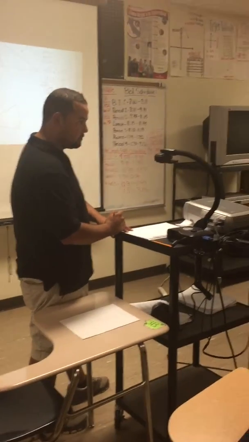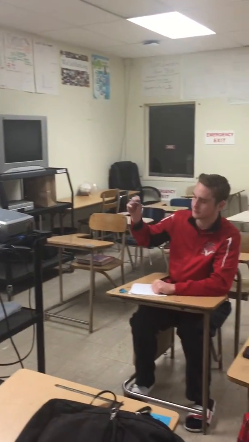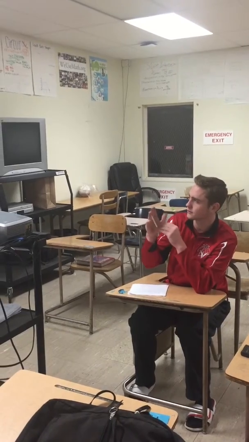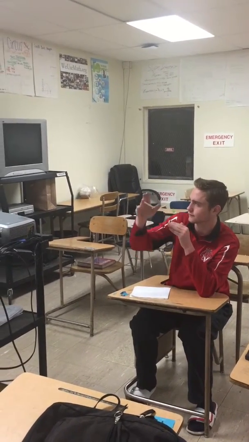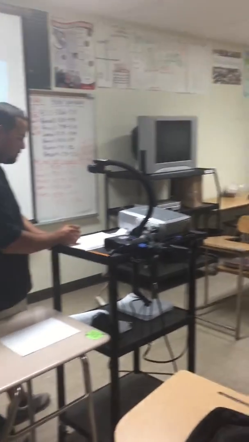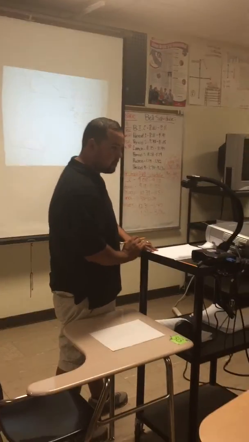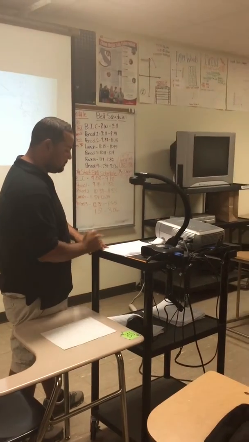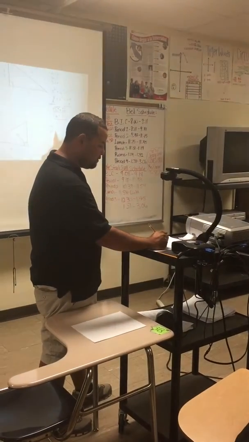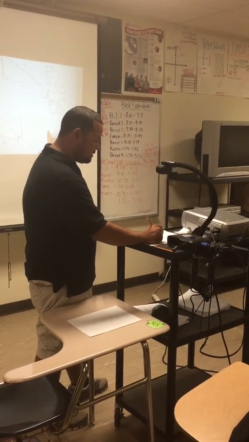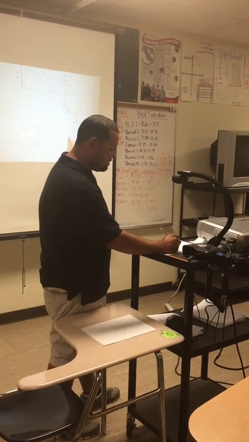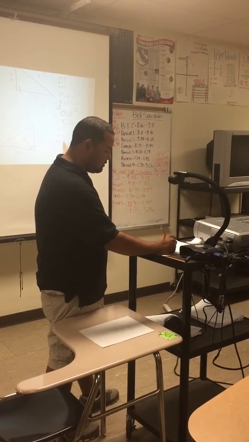A trick is actually you could look at the right angle. It's actually pointing at it. You see the point of the right angle? It actually points at the hypotenuse every time. Okay? Good job, Carter. Okay, so my B is 12. And my C is, what's my C, Troy? 15.